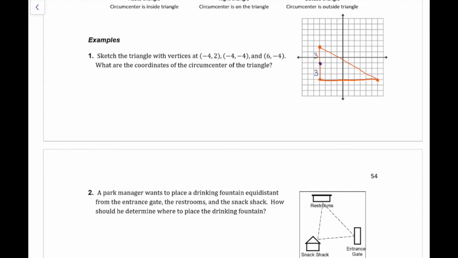So what we're going to do is cut the two legs in half, and where they connect will hit the hypotenuse of the triangle, and that point will be the circumcenter. So it's kind of like there's a right angle coming out of the point (1, -1).